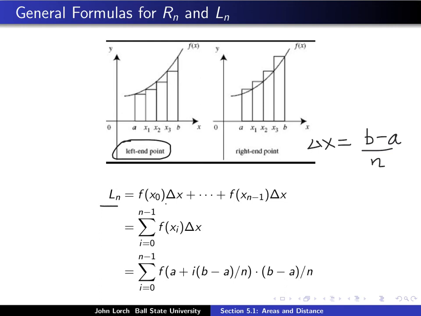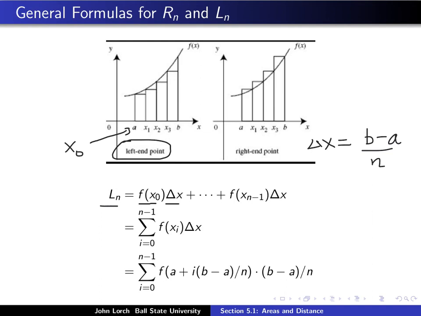So each base is of length delta x, and then the height is obtained by going to the left endpoint and applying f. So here, by the way, A is going to be regarded as x sub 0. Right, so notice our first rectangle involves an f of x sub 0 because that x sub 0 is the left endpoint of the first subinterval.